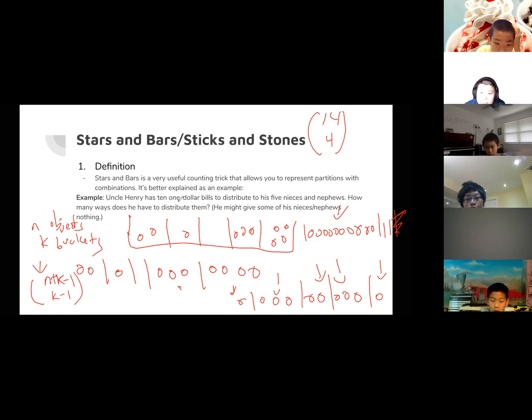So in this case, n equals 10, k equals 5 because 5 nieces and nephews. So it's going to be 10 plus 5 minus 1, choose 5 minus 1. Does anybody have any questions on how this method works? If not, then I can try to come up with a different explanation.